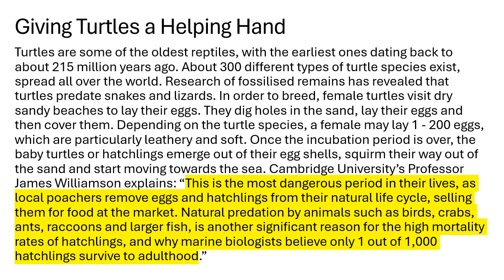At this point, we can summarize or think of his statement in our own words. Williamson states that young turtles do not survive to adulthood for 2 reasons. 1, because local poachers remove eggs and hatchlings from their natural life cycle, selling them for food at the market.